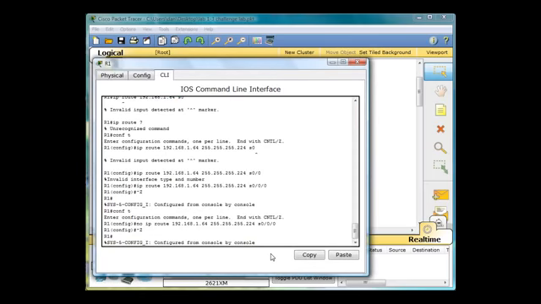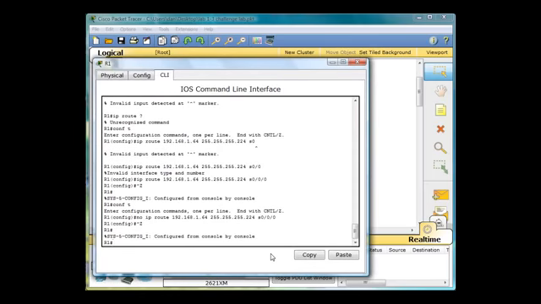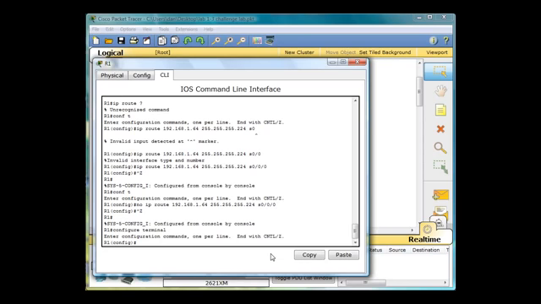So we go to the router. We want to put in a static route. So we go configure terminal, or conf t for short. We get to global config mode, and then we put in a static route.